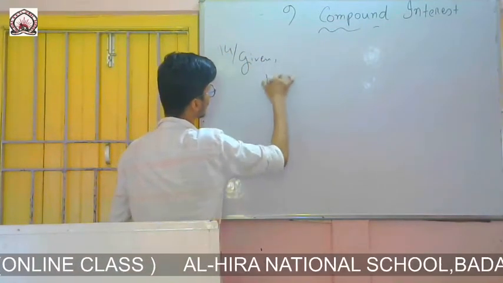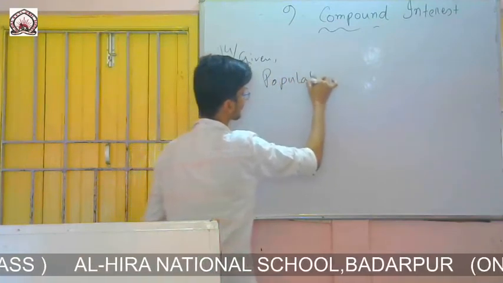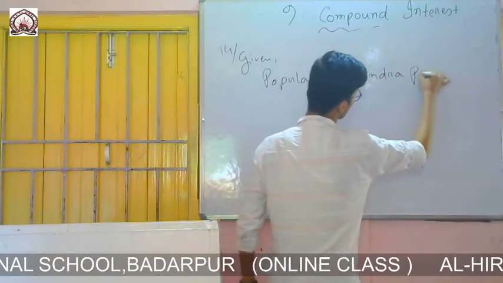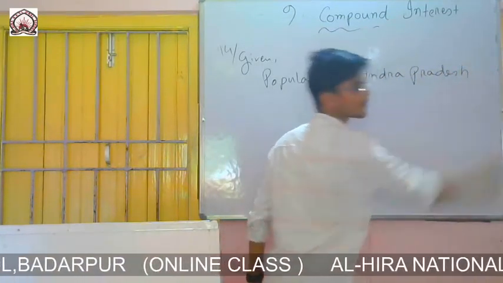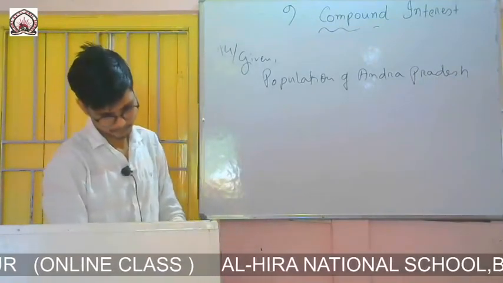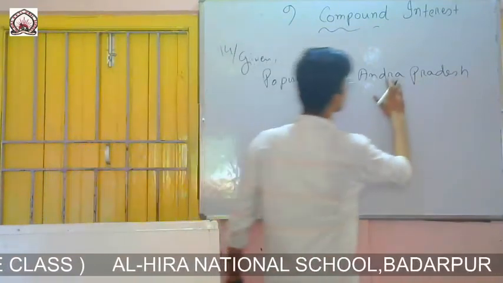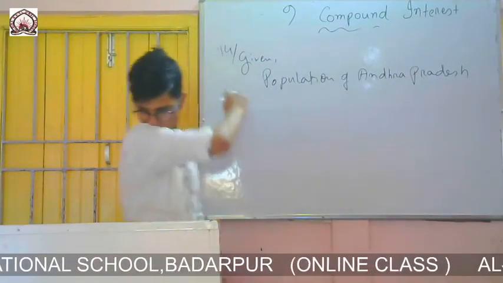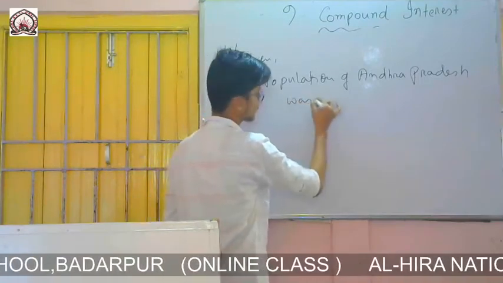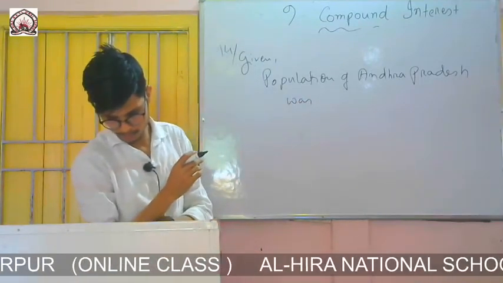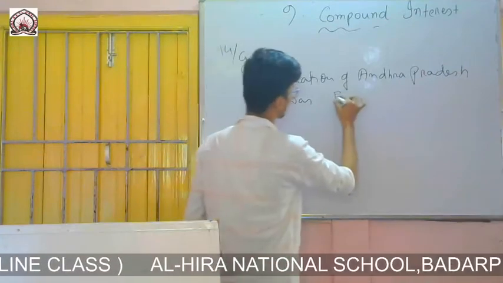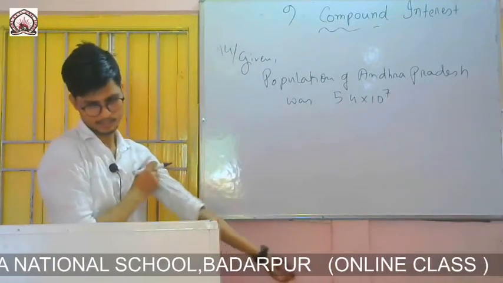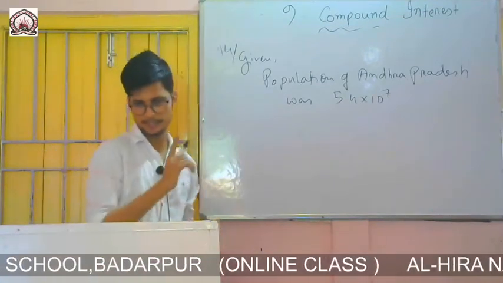Given, the population of Andhra Pradesh was 5.4 into 10 to the power 7, in the year 1988.